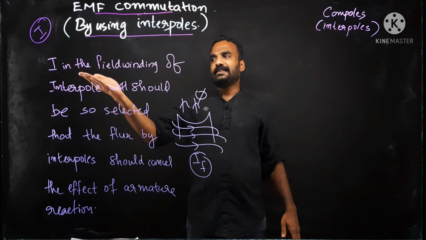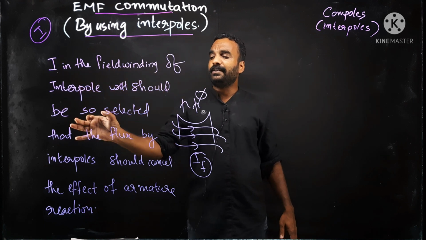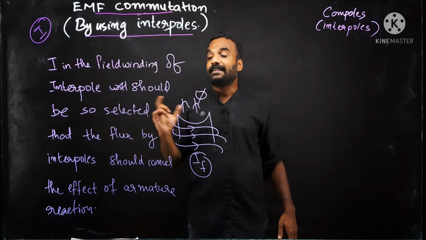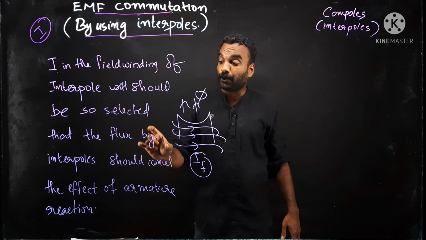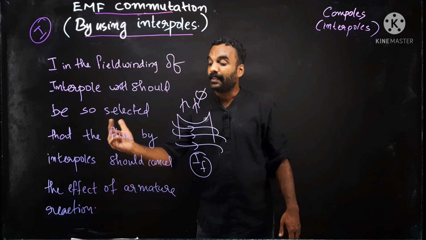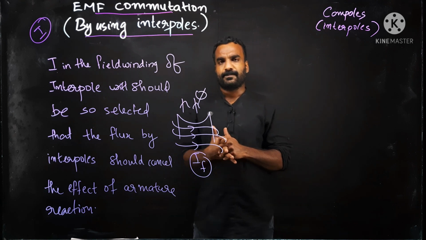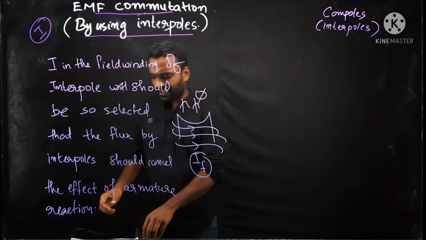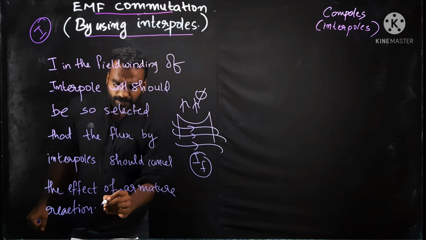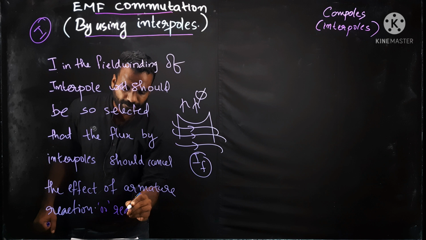You can read this. Current in the field winding of interpole should be so selected that the flux produced by the interpole should cancel the effect of armature reaction, or we can write here armature reaction or reactance EMF.